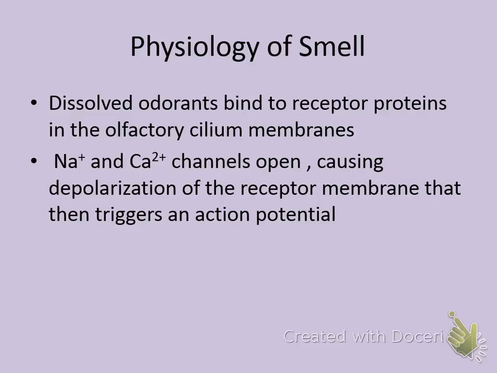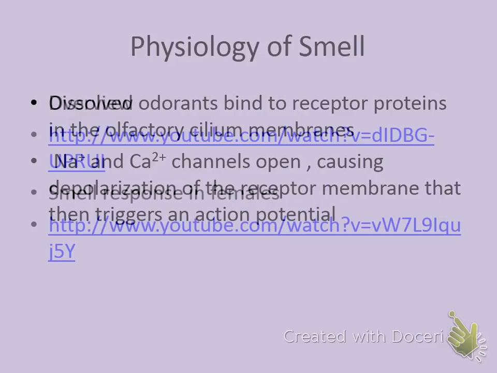We have a very limited range of smell. But the sodium and calcium channels are what's important for us. The calcium opens up the gated channels, and then the sodium and potassium move back and forth, and we get that action potential by way of depolarization and repolarization.